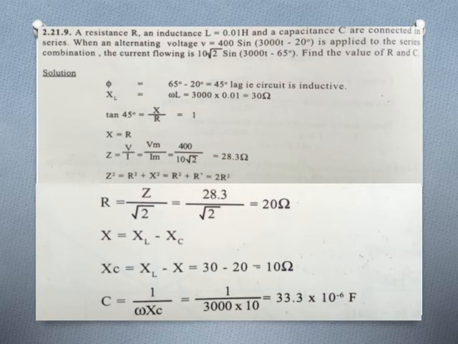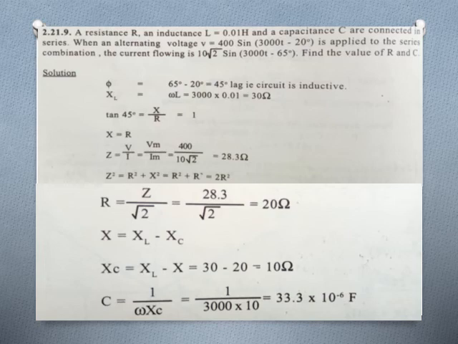It is written as 65 degree and 20 degree. So subtract the phase angles. Angle of the current minus the angle of voltage. 65, take the magnitude alone. 65 minus 20. So you get it as 45 degree. That is, the circuit will be an inductive circuit or a lag circuit.